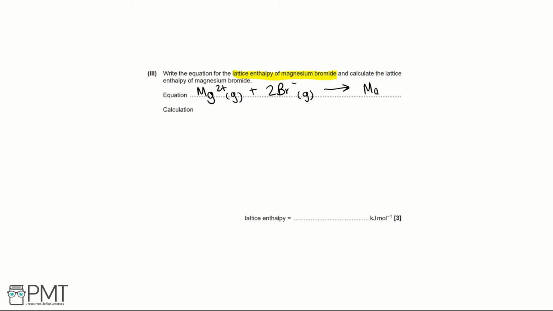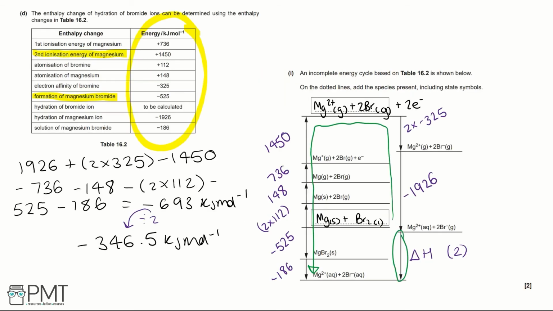So that's going to be MgBr2 solid. So similar to the last question, we need to go back to our energy cycle. So if we look here, we're going from this point to this point. So we're going to do a little arrow around like this.